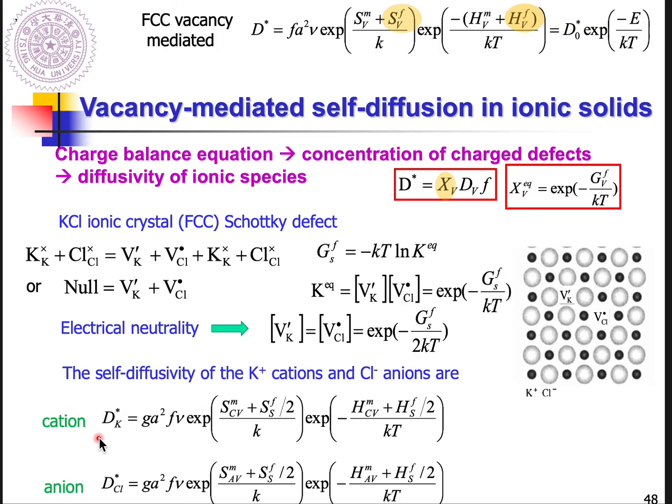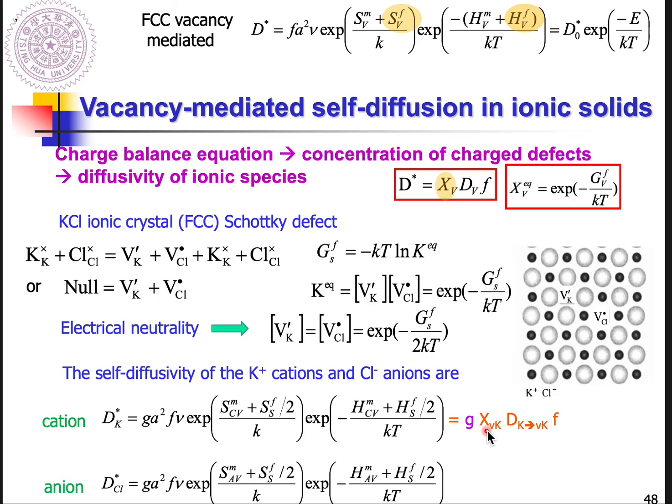So let's try to formulate the diffusivity for this cation, Dk star. The K here is a small black atom, right? This atom diffuses through vacancy Vk, right?